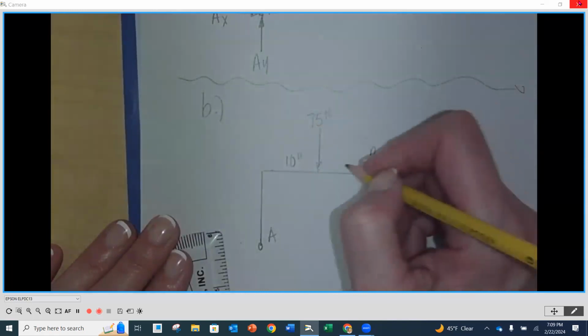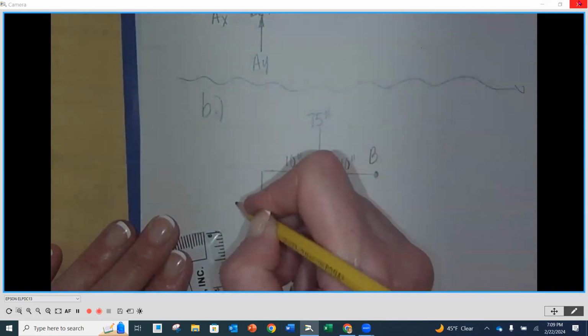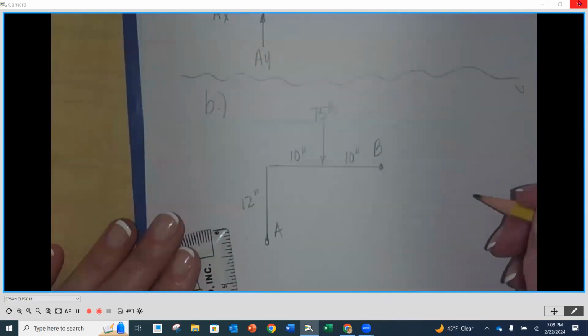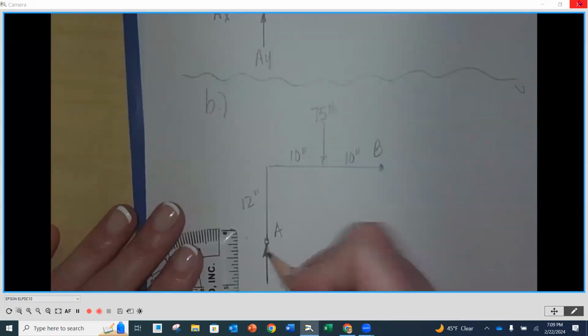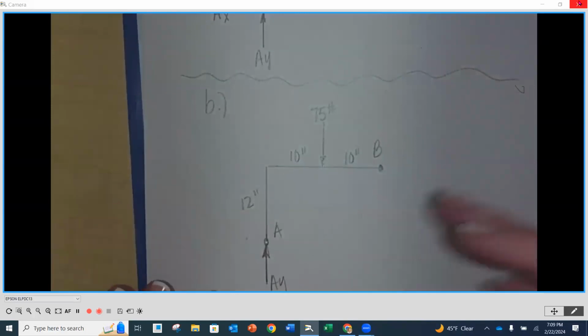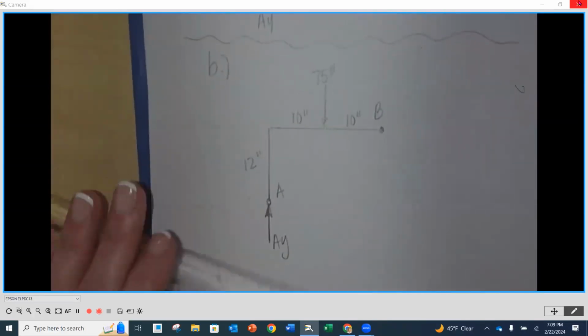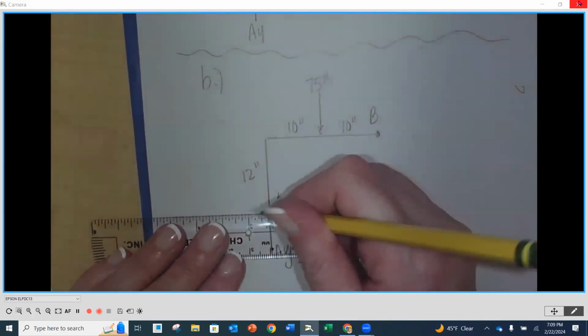This is 10 inches, 10 inches, 12 inches. My AX and my AY exactly the same as the last part. I'm going to keep those exactly the same.